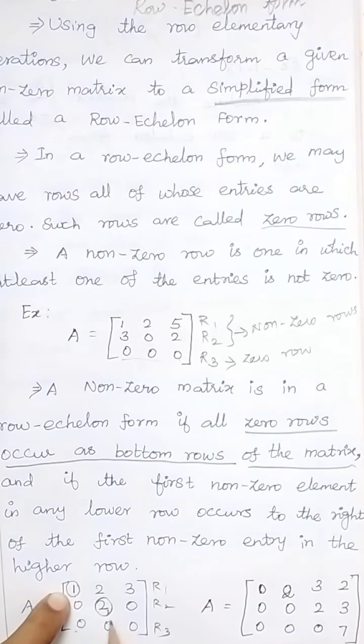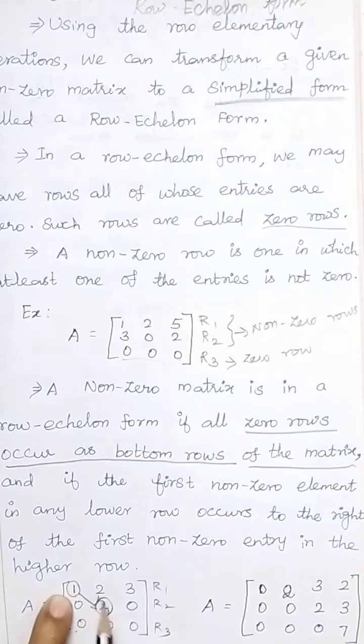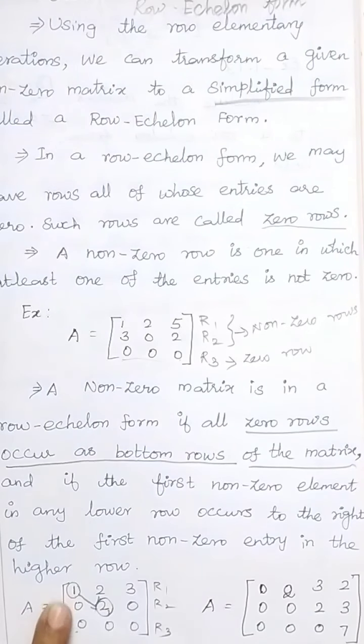So the second row non-zero entry is to the right side of the first row non-zero entry. This is our second condition. So these conditions are satisfied, which means the given matrix is a row echelon form. Okay, do you understand students?